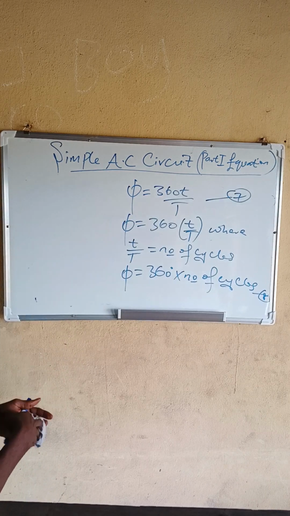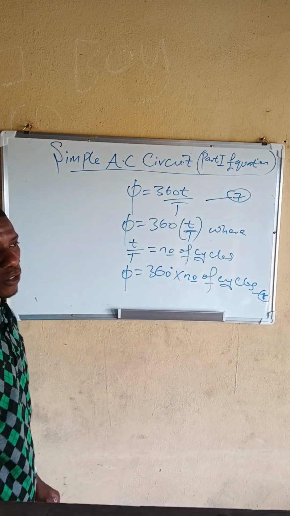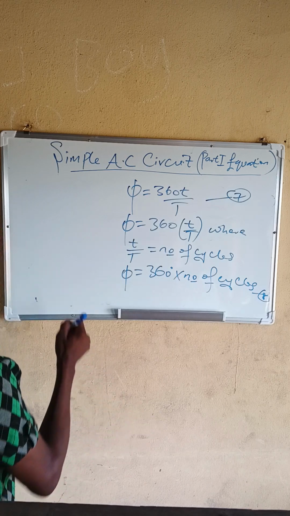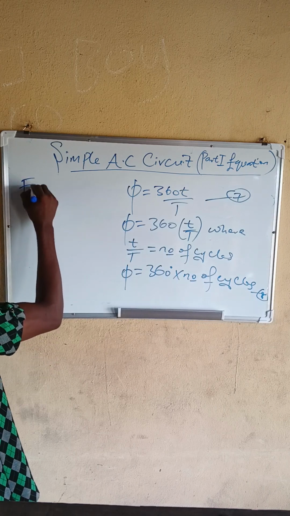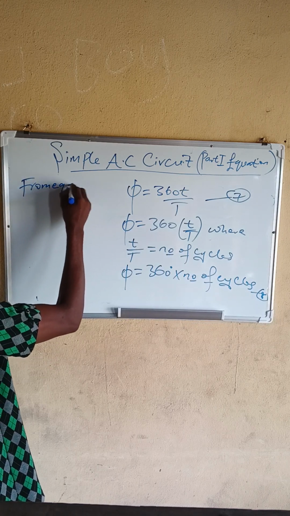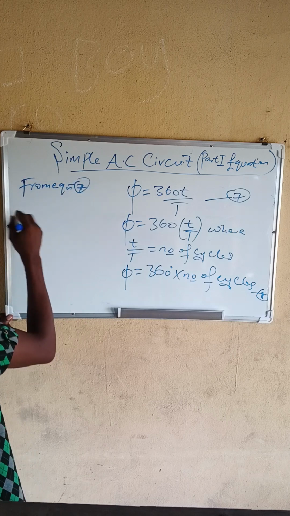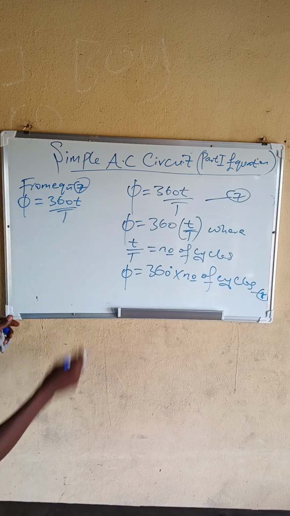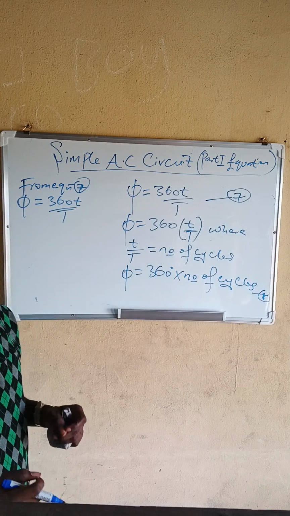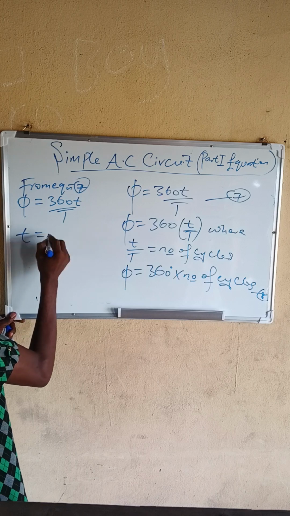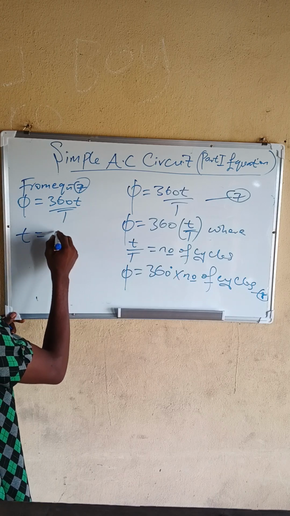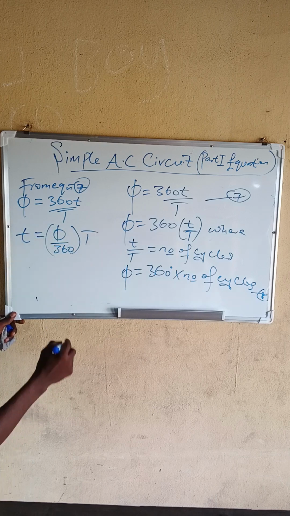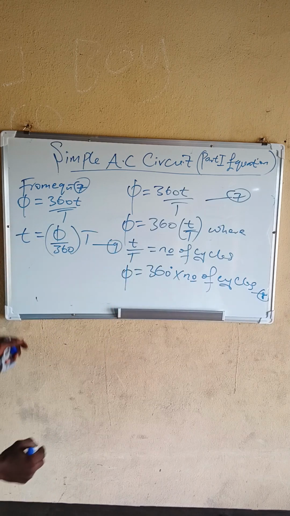So take note, this equation is very, very important. We are going to use it to solve a lot of problems in this topic. So from equation 7, I have that phi is equal to 360 t over T. By the time I make small t the subject of the formula, I'm going to have t is equal to phi over 360 times T. Call this equation 9.